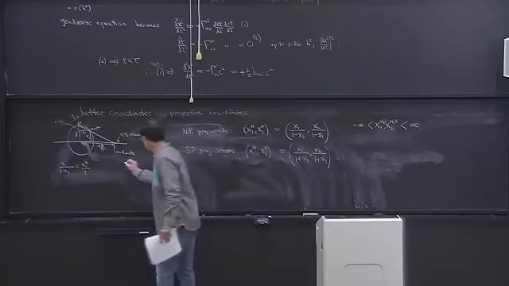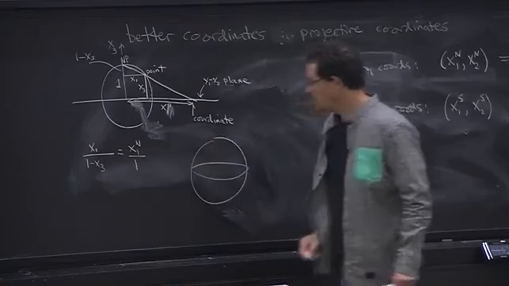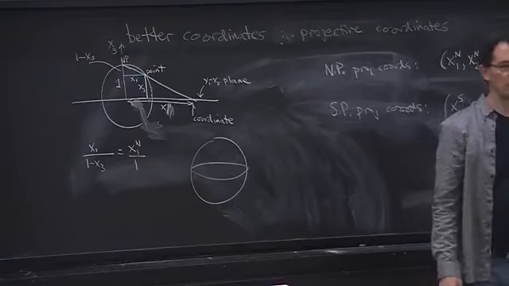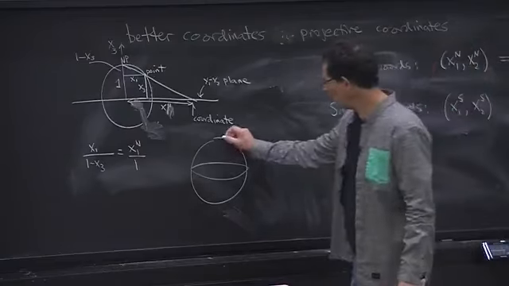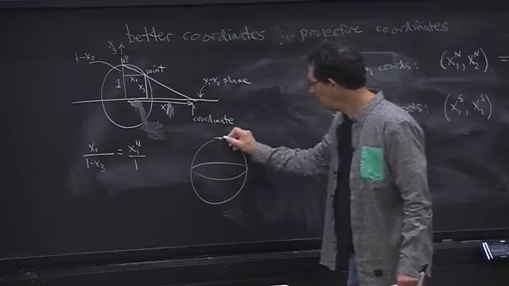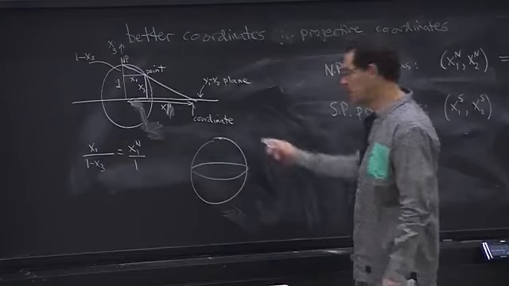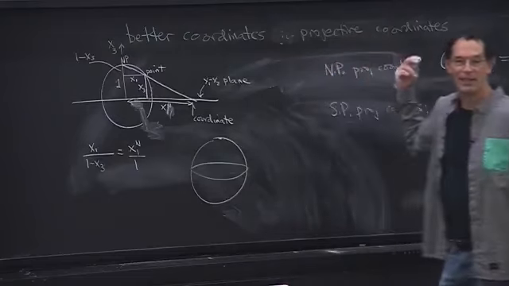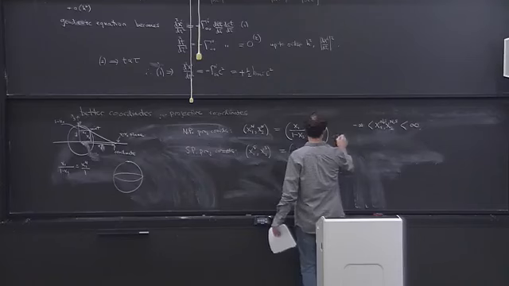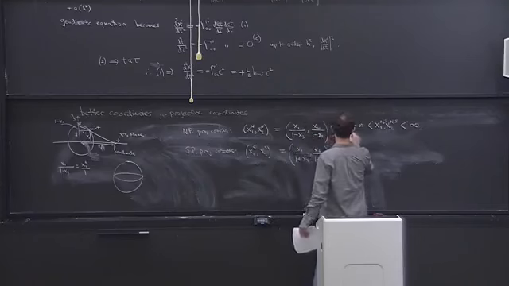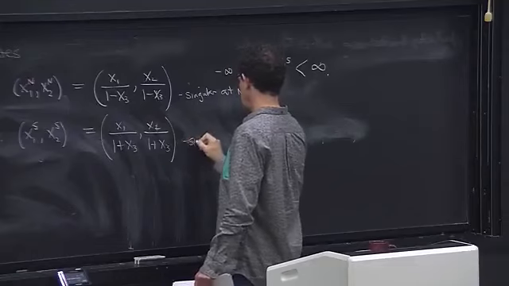Can you tell me where the North Pole projective coordinate system is singular? It's singular at the North Pole, right? Because if I'm sitting at the North Pole and I project some point which is very near me onto this plane, it's going to be out at infinity. So these are singular at the North Pole, and these ones are singular at the South Pole.